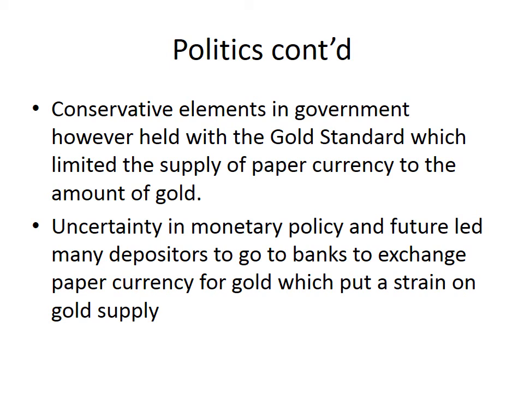Uncertainty in monetary policy and the future led many depositors to go to the banks to exchange paper currency for gold. As depositors saw the supply of gold, the supply of money rather, going up and up and up by the 1880s, the concern was, as we saw with that numerical example, if we continually increase the supply of paper currency and don't continually increase the supply of gold and silver commensurate with that, the paper currency is going to lose its value.